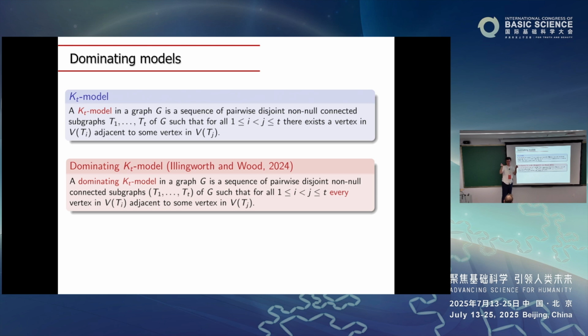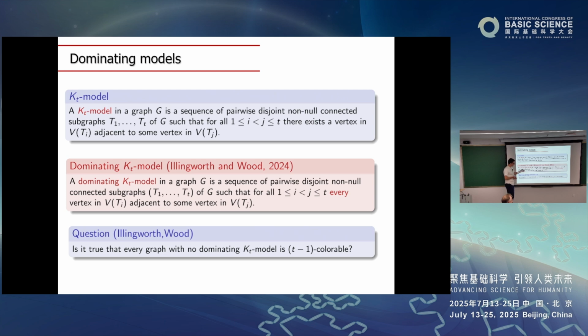That's way stronger than just one vertex. And the point here is that it's somewhat natural. If you forget connectedness, it's still true that if you are not T minus 1 colorable, you have a dominating KT model.